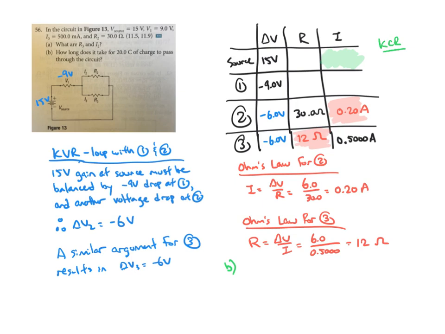So the current at the source must equal 0.7 amps, because we know that whatever it was, it's split up into 0.2 and 0.5.